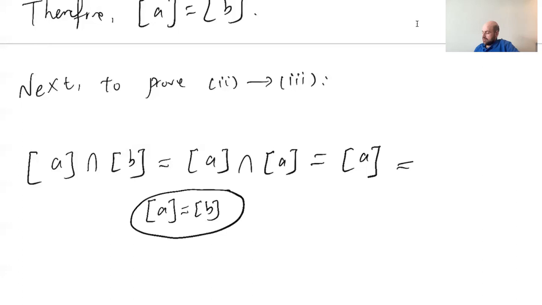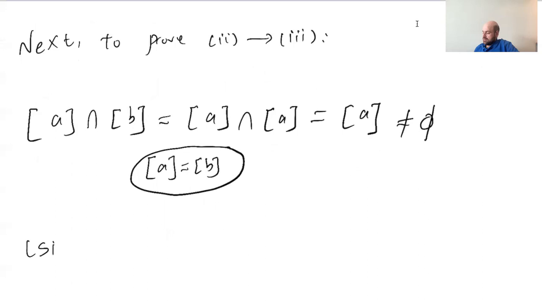And this is, of course, not empty, since A belongs to equivalence class of A. So a set intersected with itself is, of course, itself, and equivalence class of A is a non-empty set. Why? Because at least A is there. At least I can say that A is in relation with itself, right?